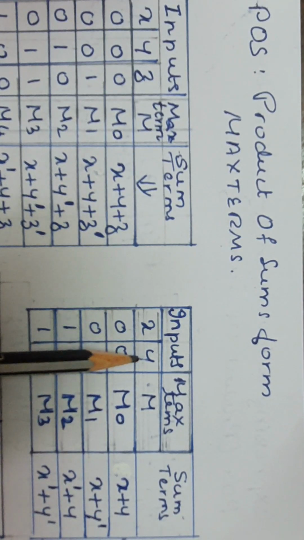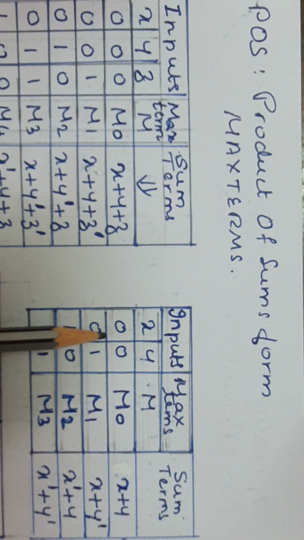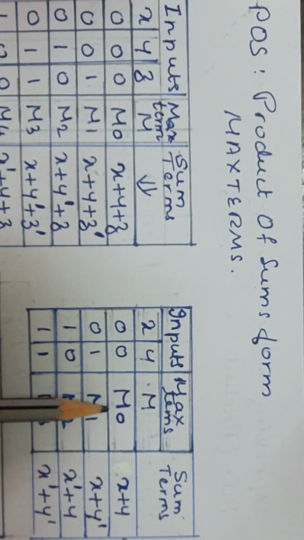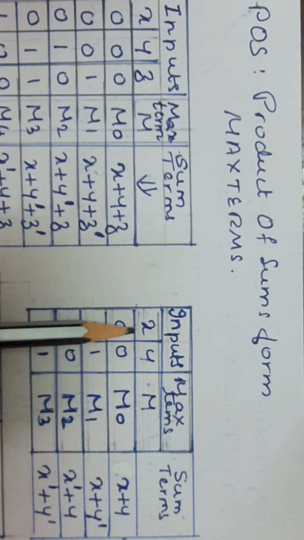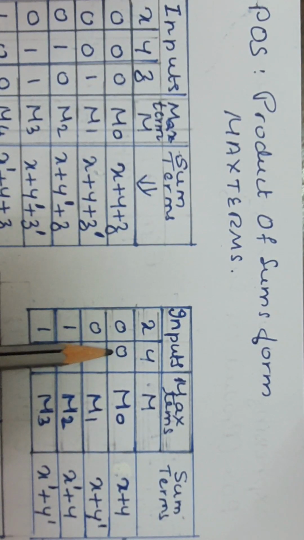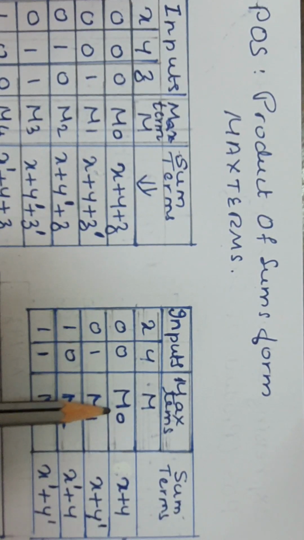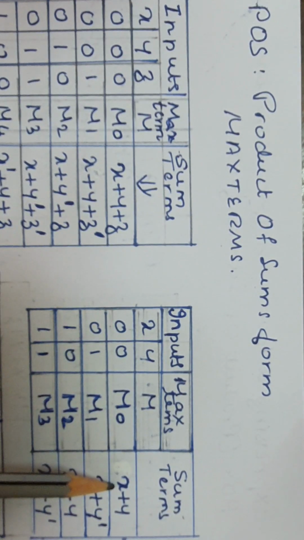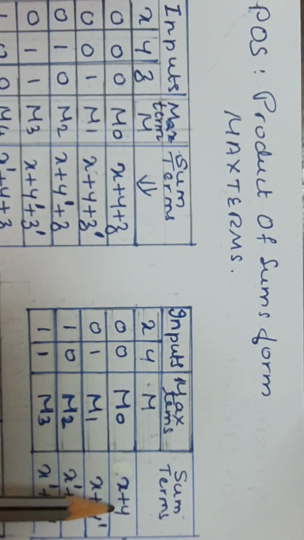For two inputs, possible combinations of inputs are 00, 01, 10, 11. Then how to write these four max terms? When x, y both are 0, 0, that is called M0. It is written as x ORed with y. This is a sum term.